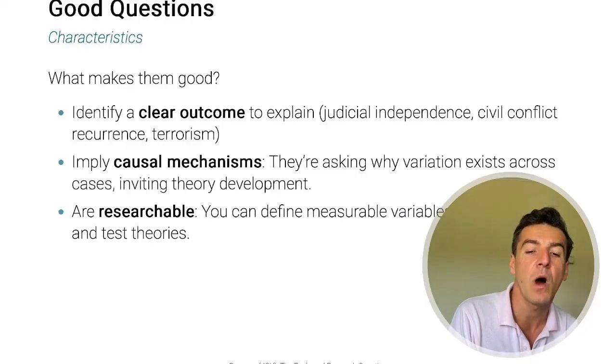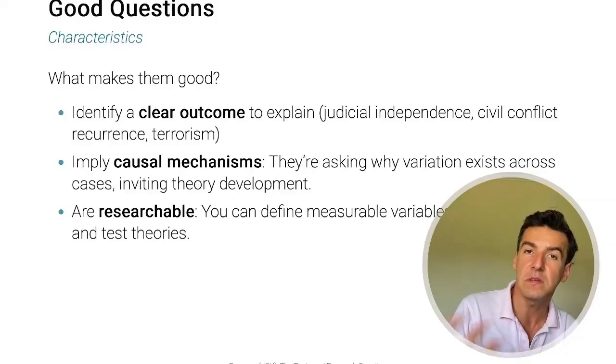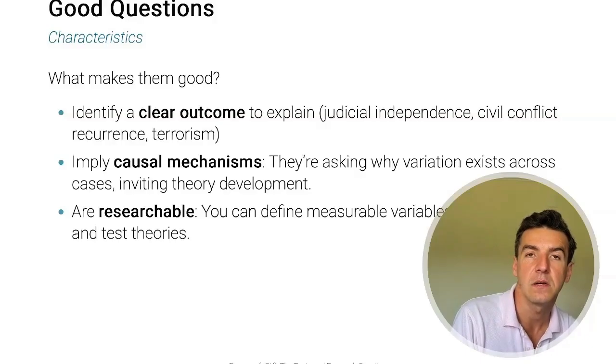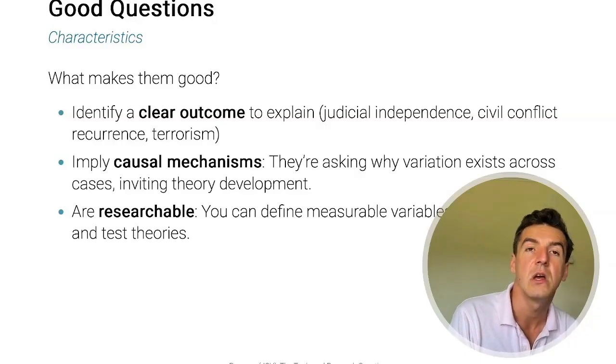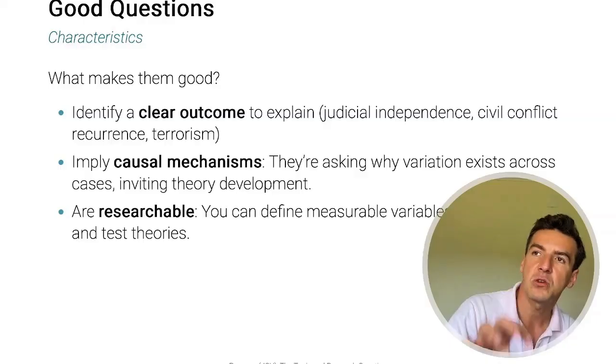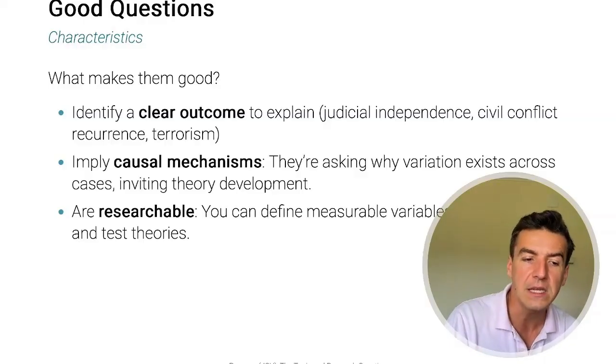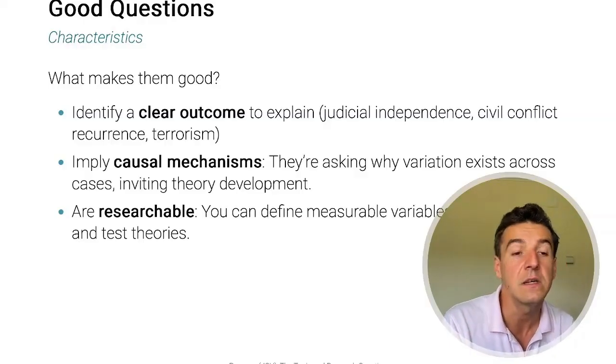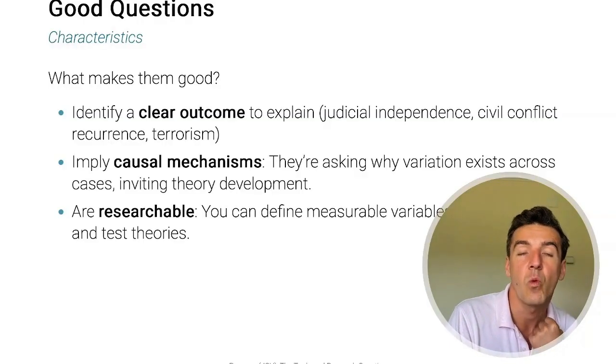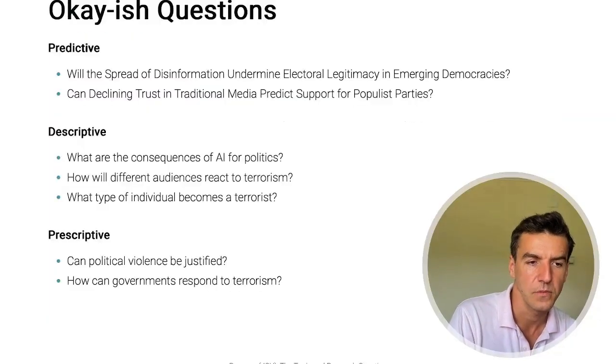They're asking why variation exists across cases, inviting you to develop a theory. The third reason is that they are researchable, right? You can define measurable variables, you can collect data, and then you can test a theory. So this is why these are good questions.